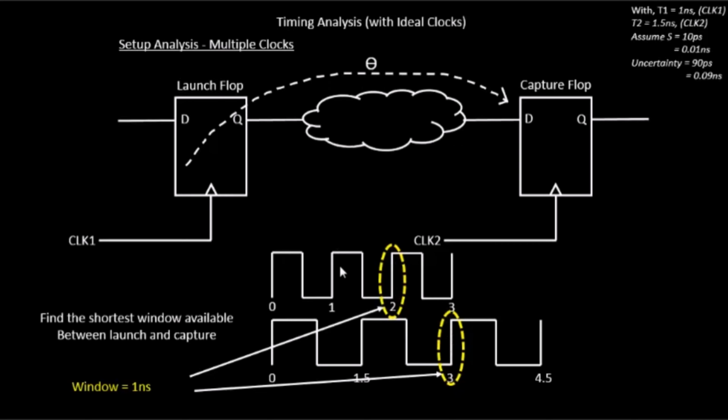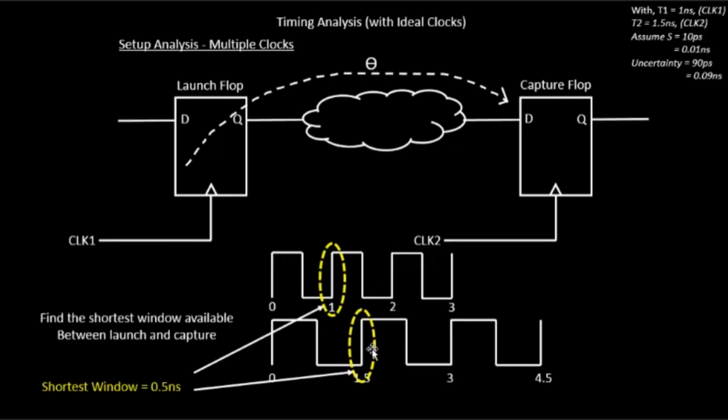But in a case where the data is launched at this point and captured at this point, and this is a valid scenario, the data can be launched at this edge, find the next immediate edge, which is this one, and be captured at this edge. So the shortest window that you see, 0.5 nanosecond, is a valid scenario on your circuit, and your data can be launched and captured within this period.